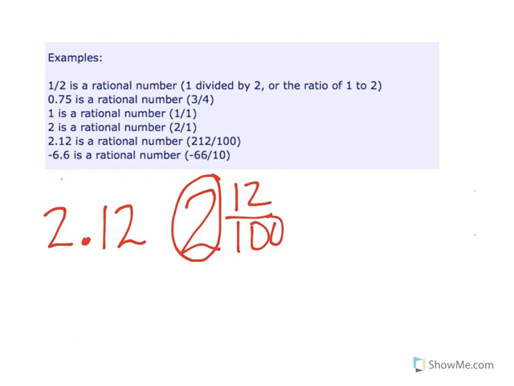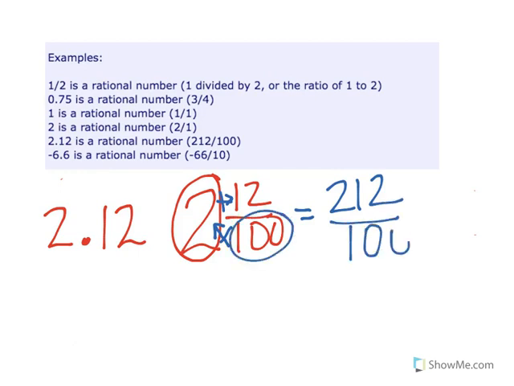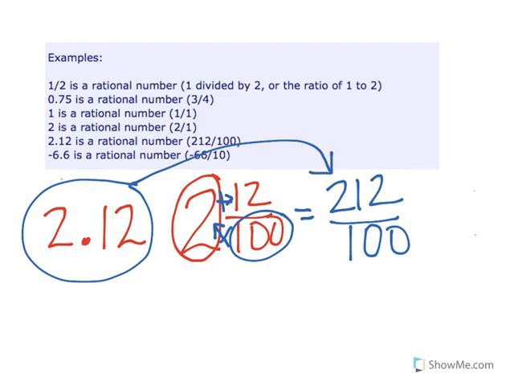Yes, remember going around the world? 2 times 100 is 200. 200 plus 12 is 212. And remember, the denominator stays the same. So in the end, I went from a decimal with a whole number all the way to a number that looks like a fraction or a ratio. Therefore, it is a rational number.